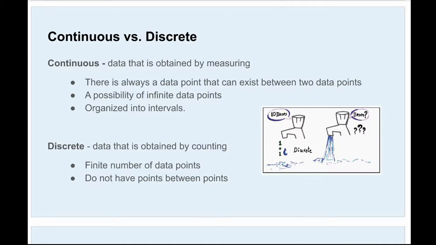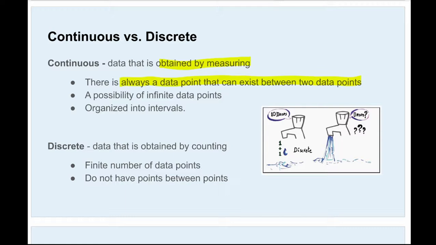Continuous data is obtained by measuring. Whenever we're measuring or timing something, that's continuous data. It's not when we're just counting things. What this means is that there is always a data point that can exist between two data points.